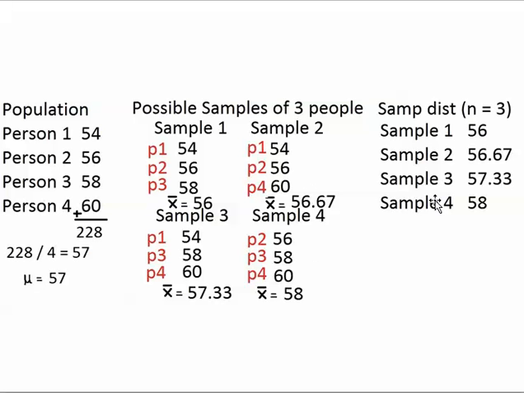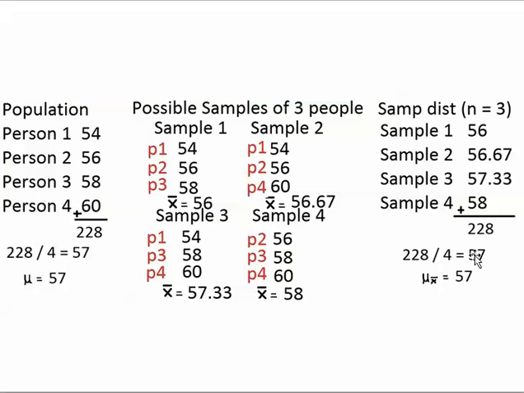Now let's look over here. If we add these 4 numbers and divide by 4, we get the mean of the other sampling distribution, which was the means of all possible samples of 3 people. Once again, the mean of the sampling distribution equals the population mean. I said that the population mean and the mean of the sampling distribution are always the same number, regardless of what sample size you're dealing with.